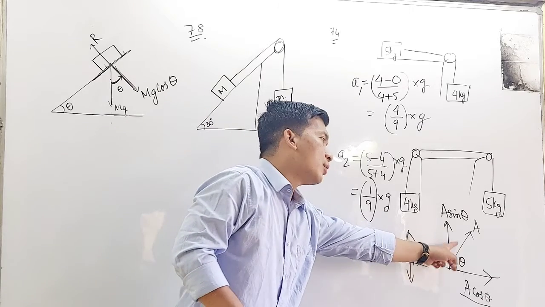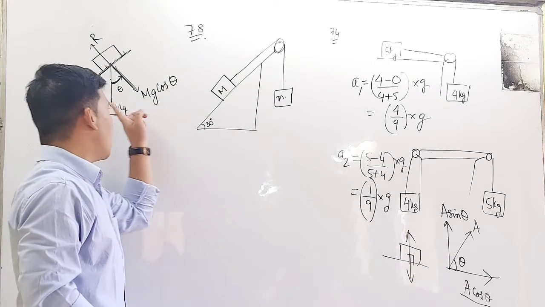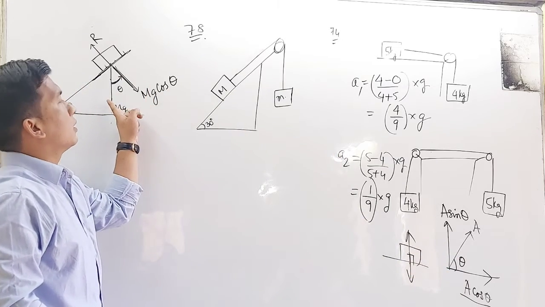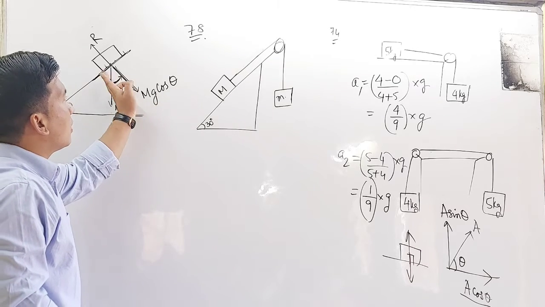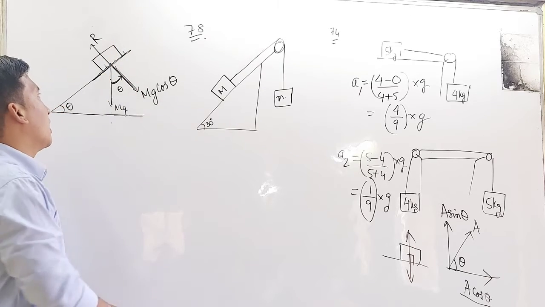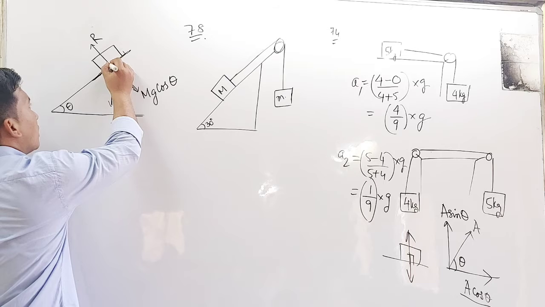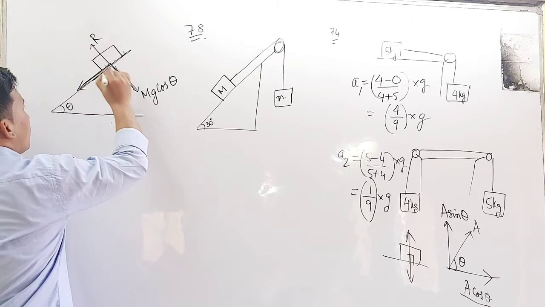Along the side with which it makes the angle, it should be the cos component. So mg will have the component mg cos theta along the normal direction. Now, perpendicular to this, we will have mg sin theta.